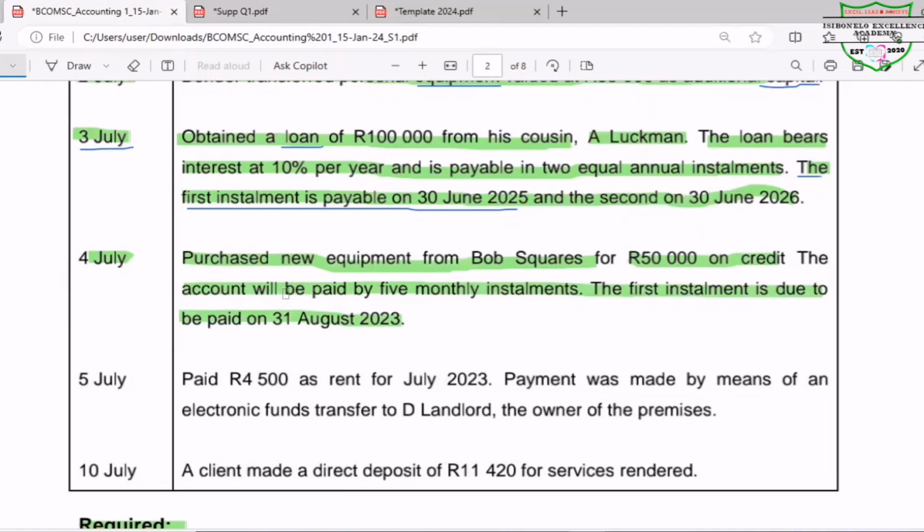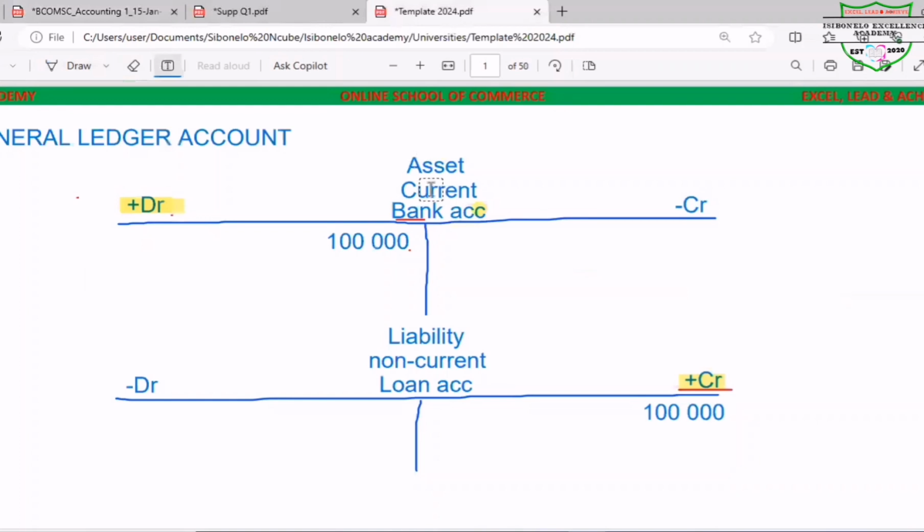Now let us identify the 2 accounts affected. We have purchased the equipment, which is an asset. This is the first account. And how was this equipment purchased, for cash or on credit? We are told that the equipment was purchased on credit. So we're going to have the creditors account. So the 2 accounts affected are equipment and creditors account, or you can say creditors control if you want to.